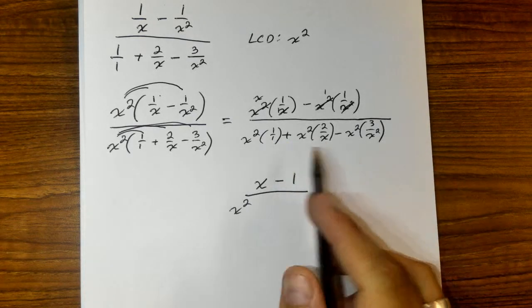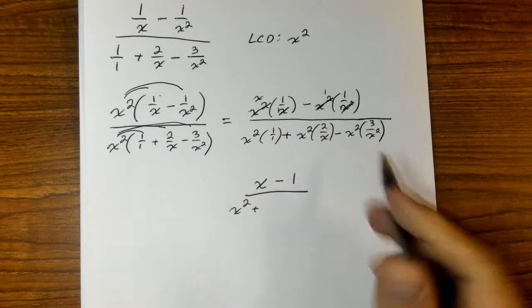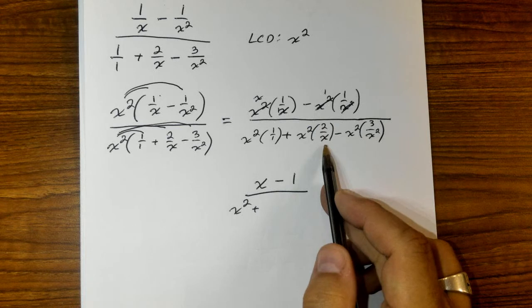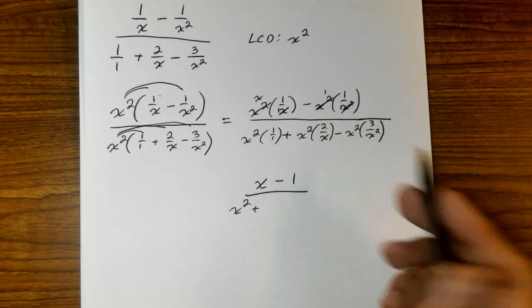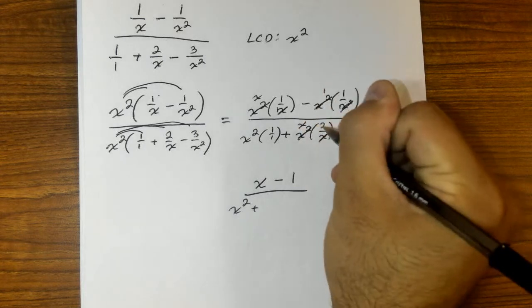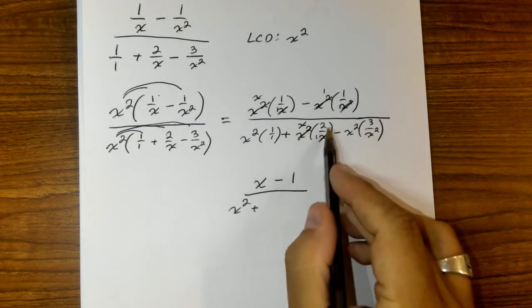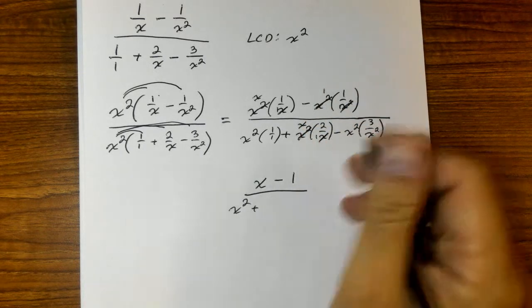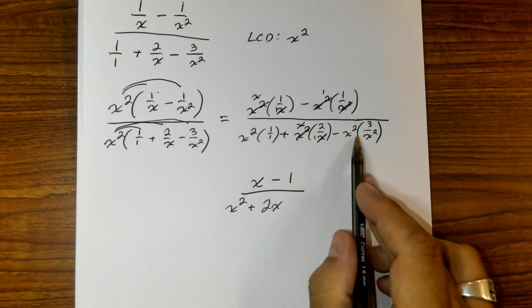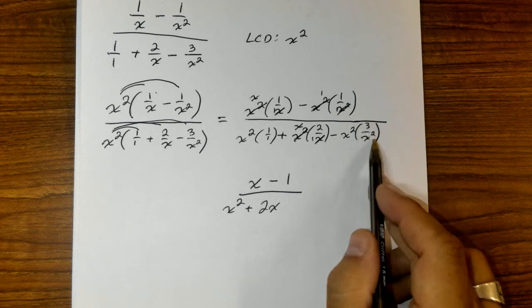And here, bring the plus sign down. x squared times 2 is 2x squared. 2x squared divided by x is 2x, and we can simplify that. x squared divided by x is x, simplifies to x over 1. So 2 times x is 2x. So I'm adding 2x. And then here, minus x squared times 3 over x squared.